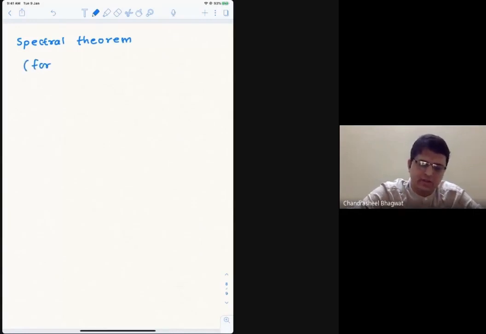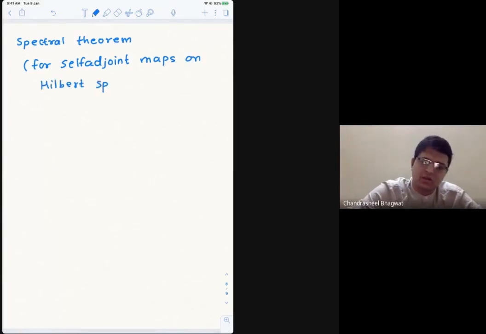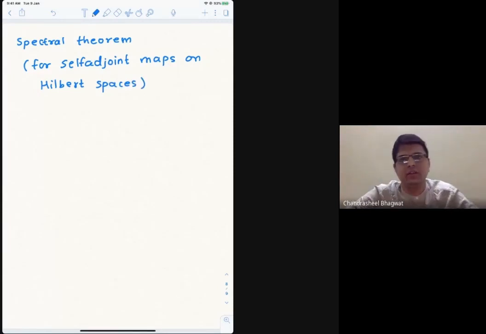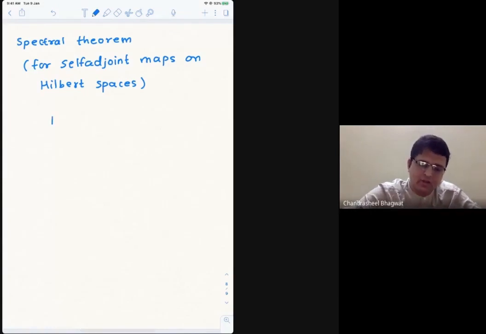I'll just say that for self-adjoint maps on Hilbert spaces, I'll write one scary version and one demystified version where it looks much simpler.